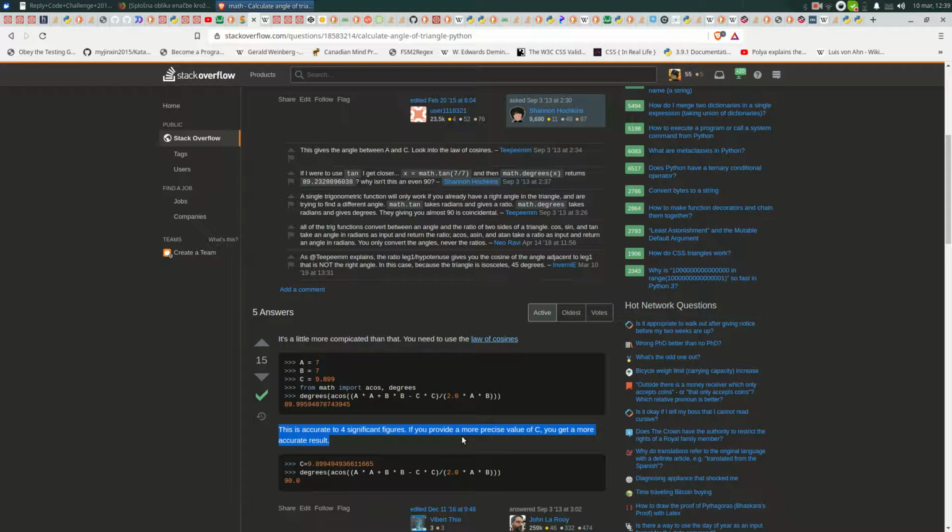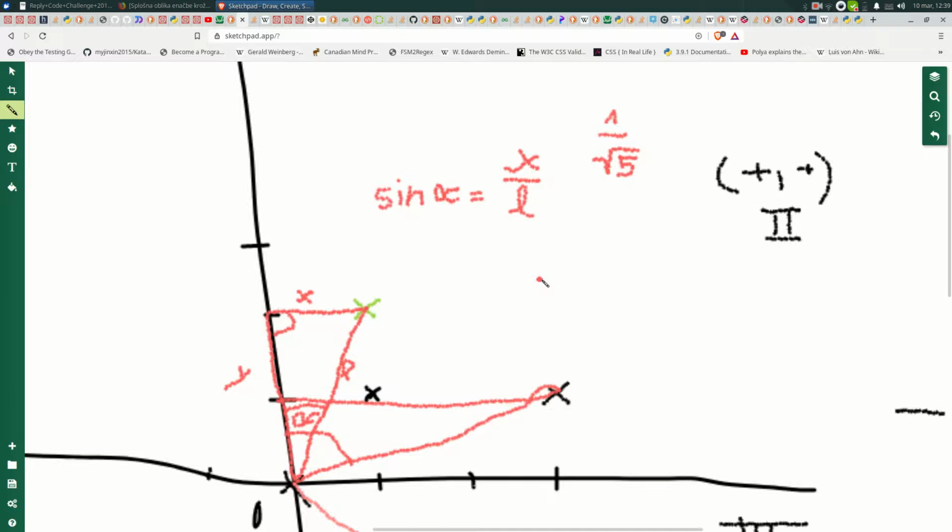If you provide more precise value of C, you get a more accurate result. Alright, so we got our solution over here. We'll have to use the math module, which is nice. First time using math module, why not?